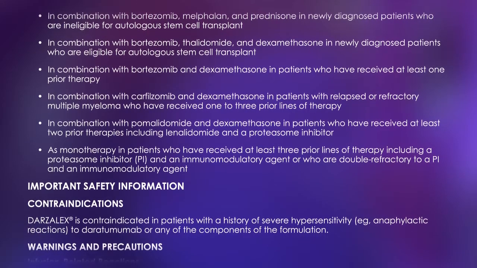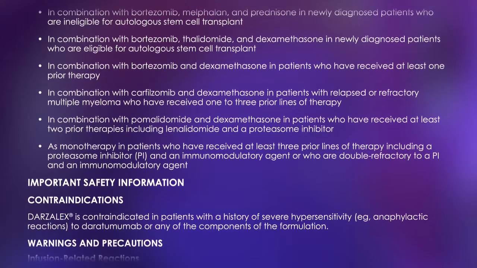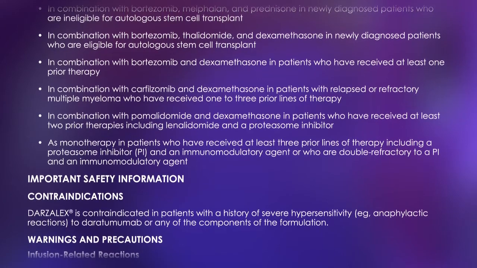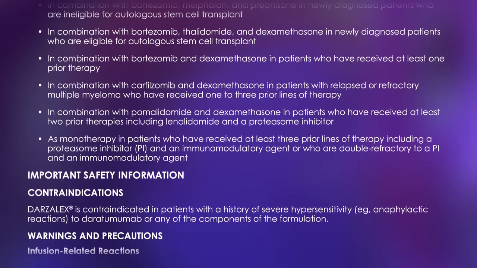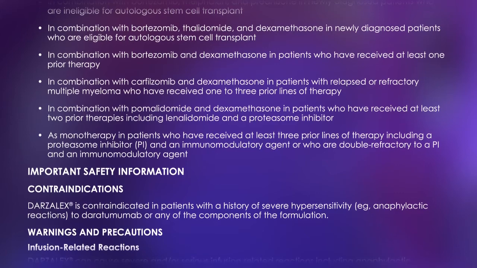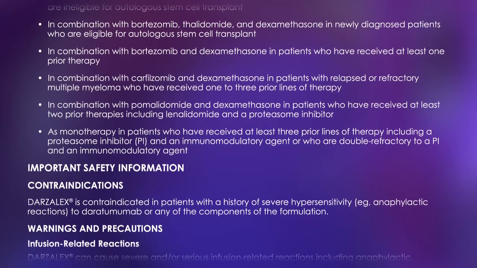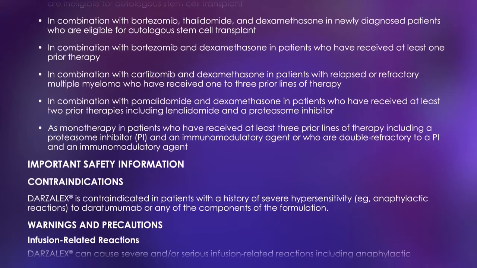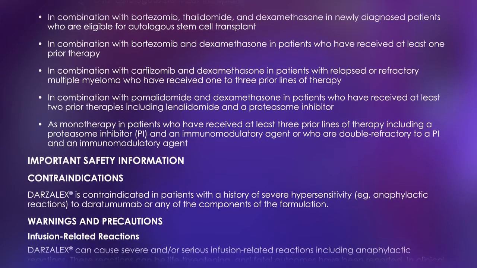As monotherapy in patients who have received at least 3 prior lines of therapy, including a proteasome inhibitor, PI, and an immunomodulatory agent, or who are double refractory to a PI and an immunomodulatory agent.